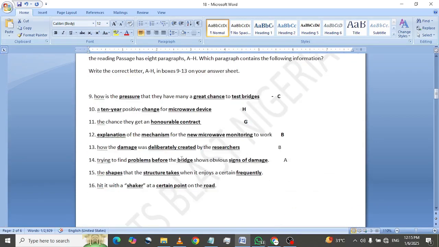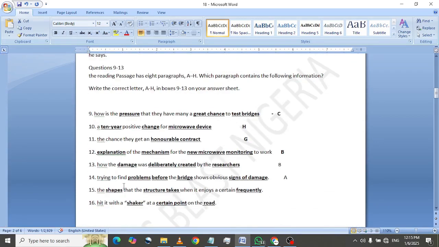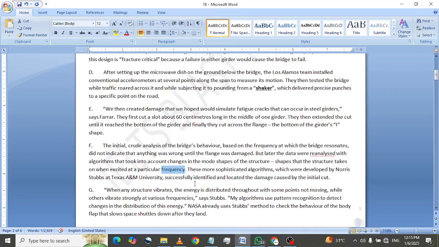Let's go through the question again. The question says trying to find damage before the bridge. So you can see now that the advice was even coming from another person, because he said the initial crude analysis for the bridge behavior based on the frequency at which the bridge resonates did not indicate anything was wrong until.